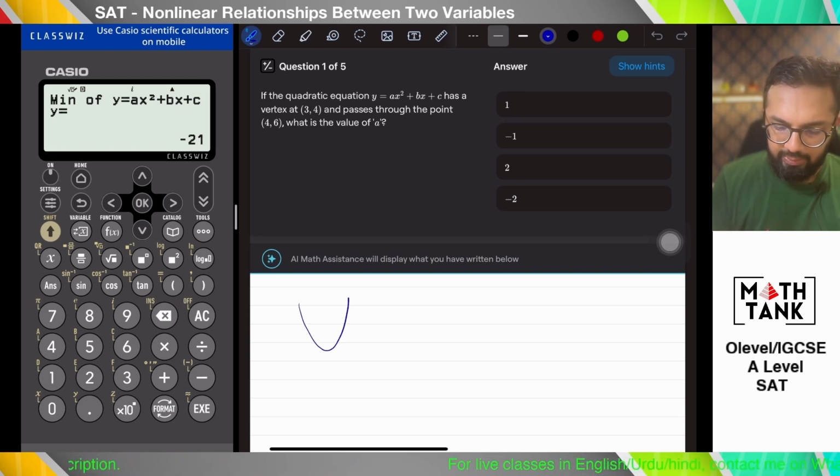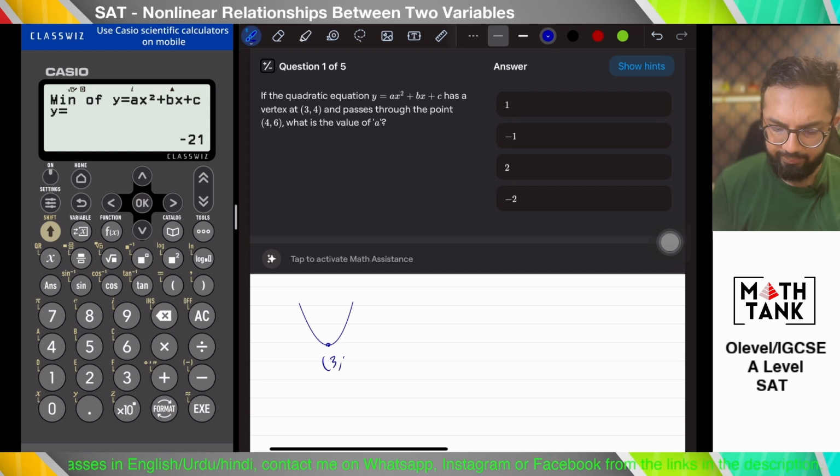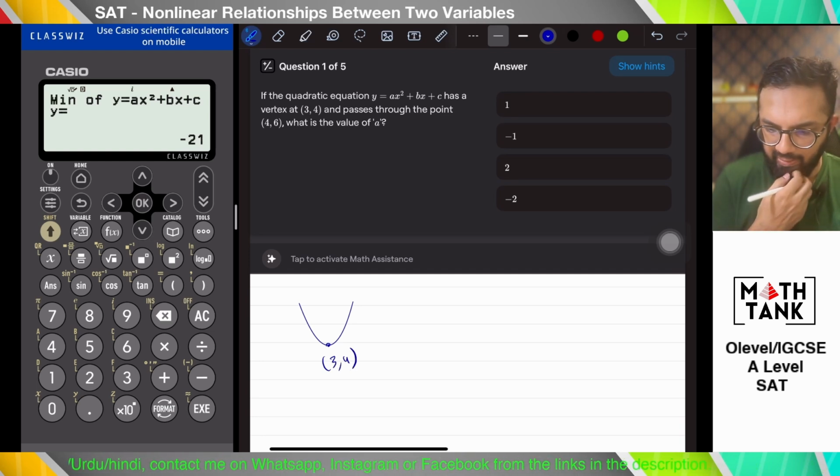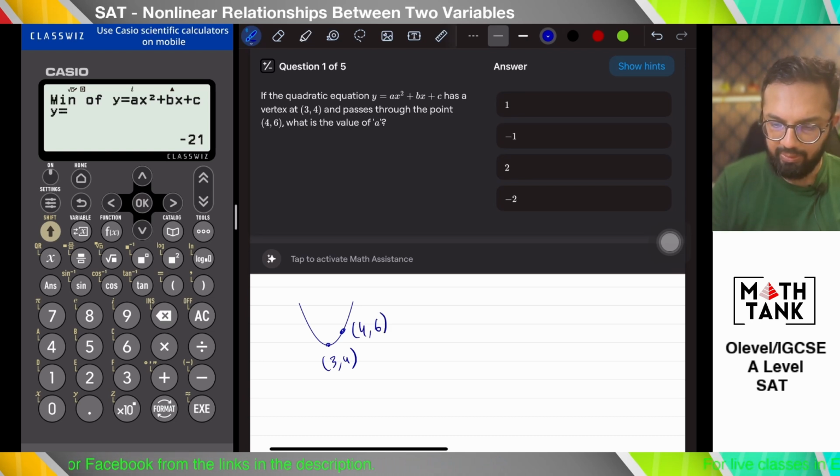It is supposed to look like that if the vertex is at 3, 4, and after the vertex it's going up. So that's one thing that I know, that it's going up, so it has to be a positive number, either 1 or 2. I will have to solve this somehow simultaneously.